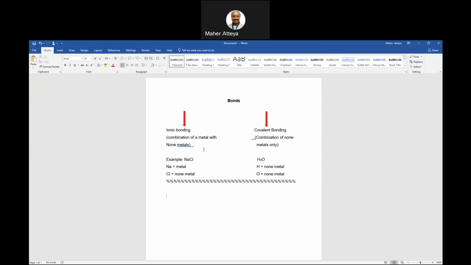So let's look at this. We'll start with ionic, for example. Ionic bonds or bonding, same thing. What's ionic bonding? How do we name this compound?